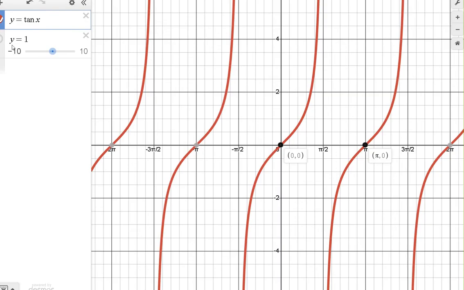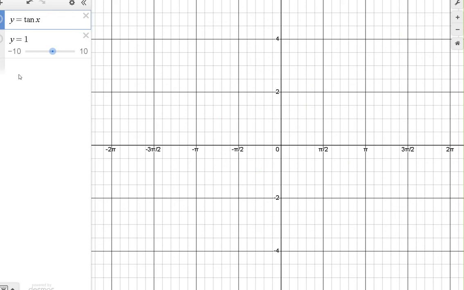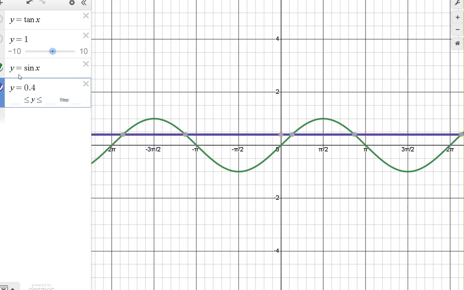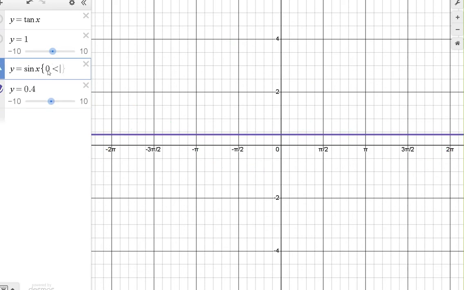Now you can get kind of a Desmos or calculator solution to this kind of stuff. So here's y equals sine of x, and then y equals 0.4. You're not going to get any nice friendly values like we did with some of the other ones. That's okay. Now they are restricting us in this first problem to values of x between 0 and 2 pi.